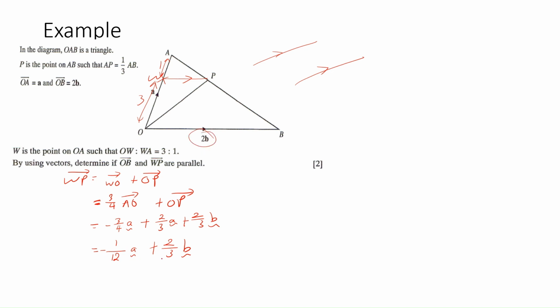There is no component A, so they cannot be in a multiple factor relationship. So we can write: since OB is not equal to K WP, therefore they are not parallel to each other.